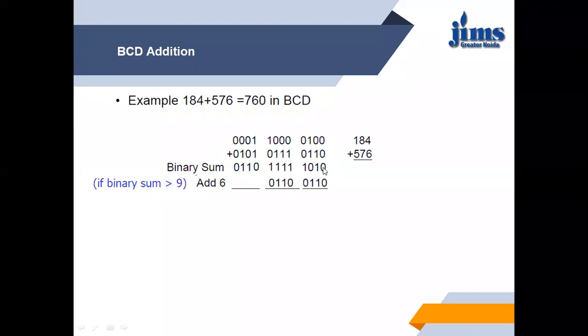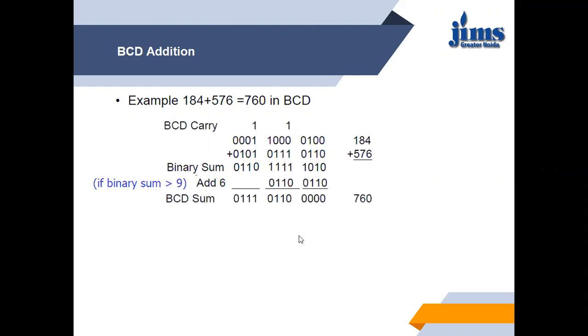Again start: 0 plus 0 is 0. 1 plus 1 is 0, carry 1. 1 plus 1 is 0, carry 1. And 1 plus 1 is 0, carry 1. So in this case, you just add this, then the answer will be like this. Here we start. 0 plus 0 is 0. 1 plus 1 is 0, carry 1. 1 plus 1 is 0, carry 1. 1 plus 1 is 0, carry 1.